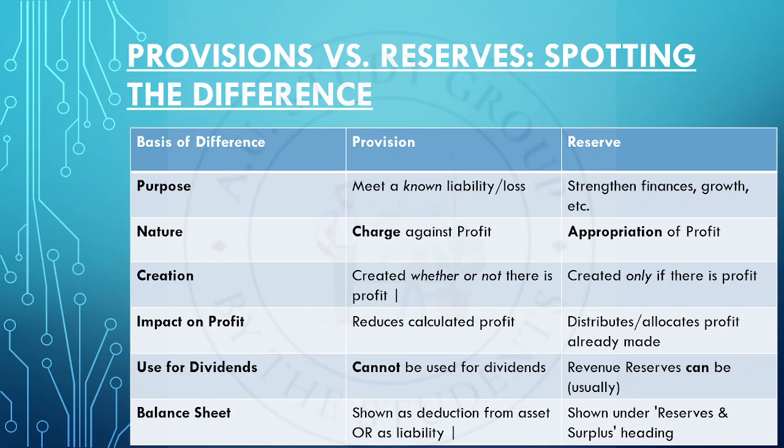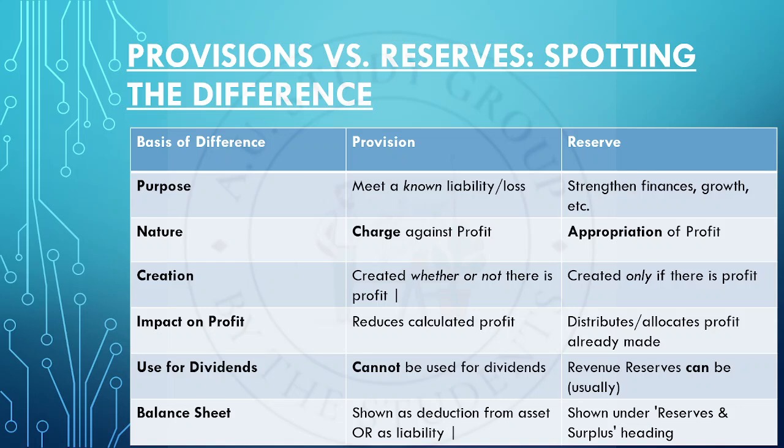Now, creation. A provision is made even when there is a loss, because the liability exists. This is for a known liability, but you don't know how much. So provision is created even if there is a loss.